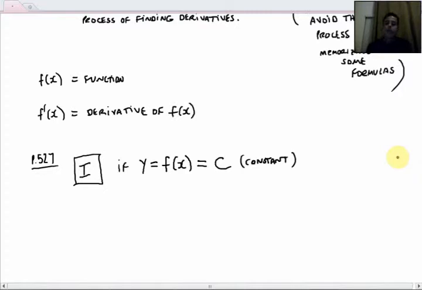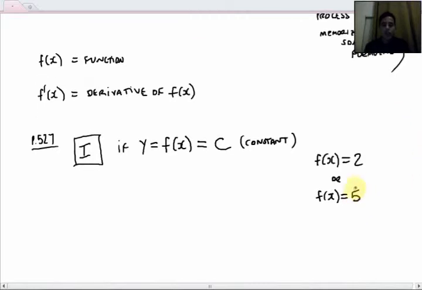If your function is a constant, for example, if your function is f of x equals 2, there's no x in there, just 2. Or, for example, let's say your function is f of x equals 5. Then the derivative is 0. The slope is 0. Well, that's not hard to understand.